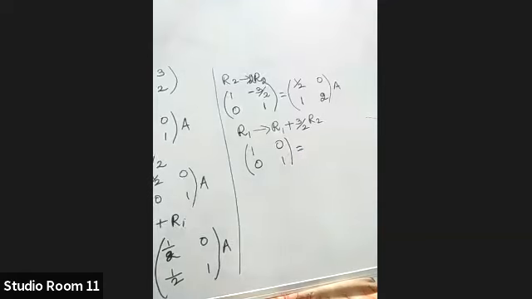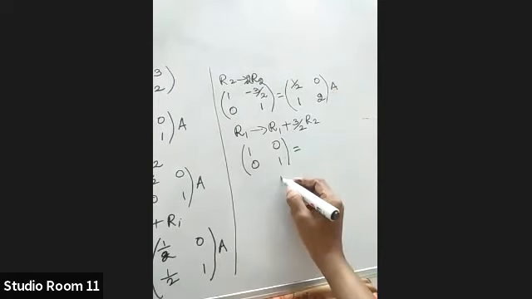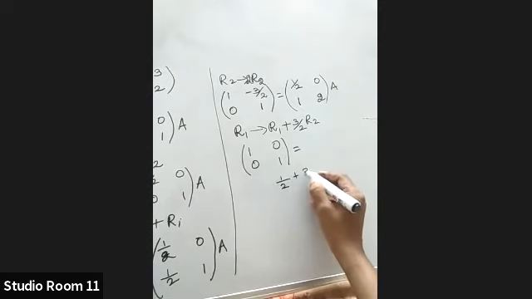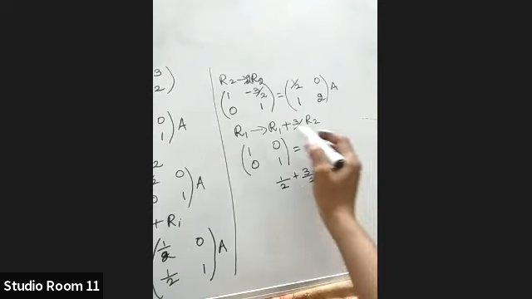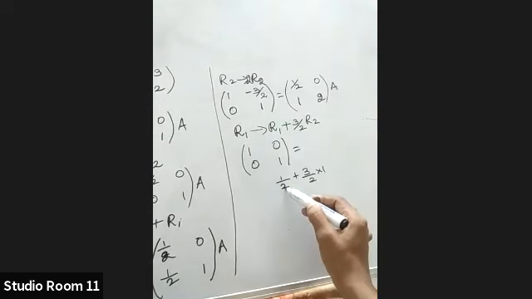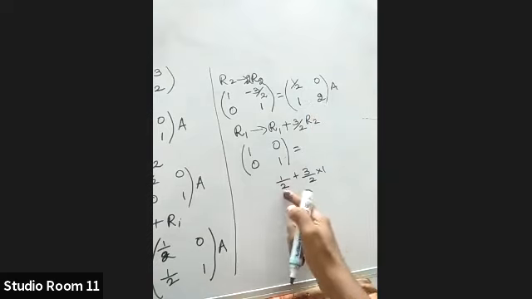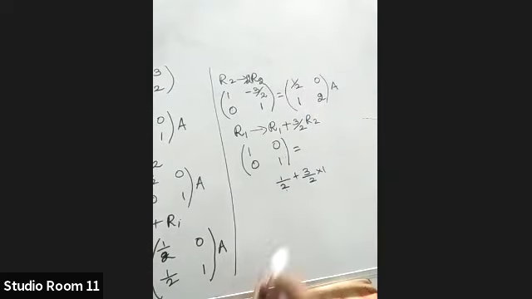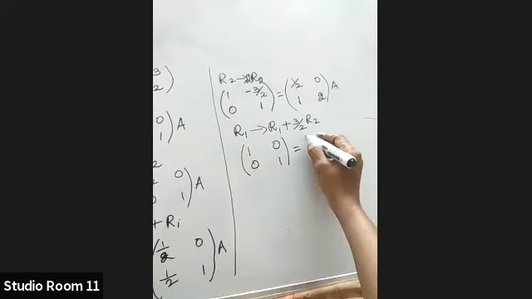What about the right side? You can do the calculation in the rough column. Half plus 3/2 into the second row's first column, which is 1: 1/2 plus 3/2 is 4/2, which is 2.